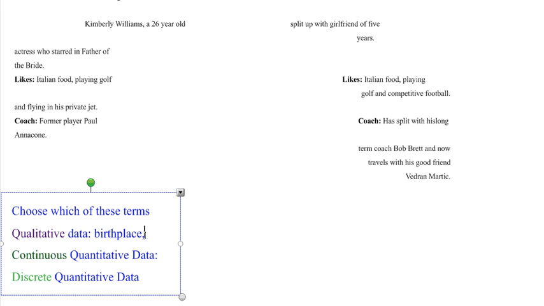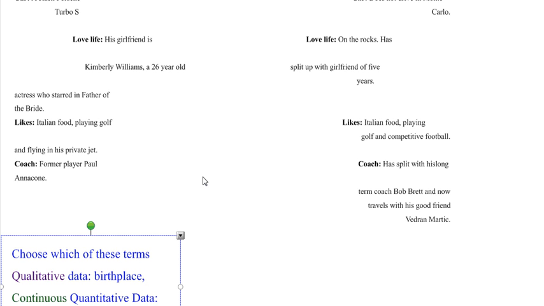Let's write birthplace. Also we can take love life, because it isn't numerical. These are qualitative data that aren't numerical.